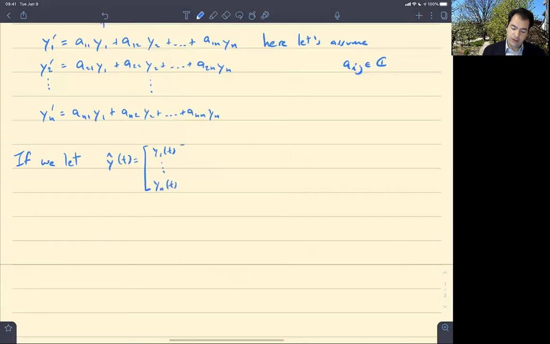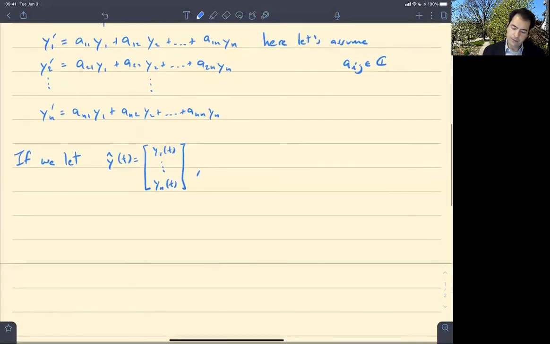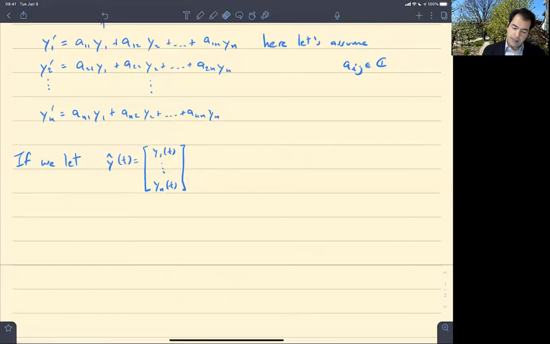So this is a vector valued function. And then let's say that capital A is going to be an n by n matrix with complex coefficients, the matrix whose ijth entry is little aij, the corresponding coefficient.